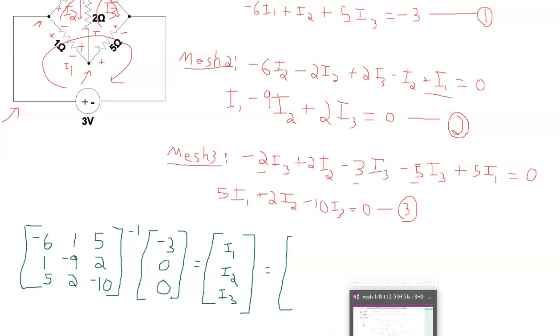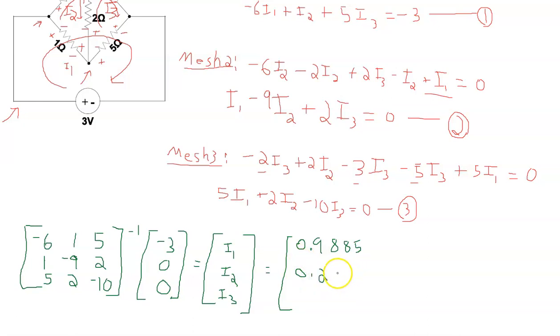And when I did it, I came up with 0.9885, 0.2299, and 0.5402.